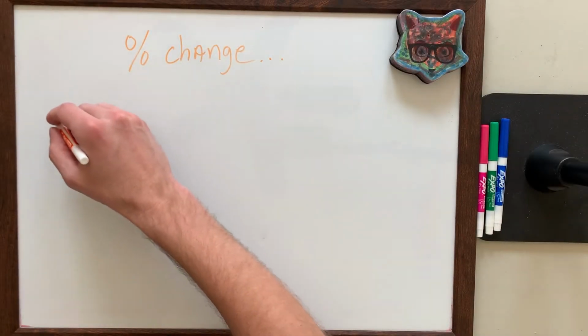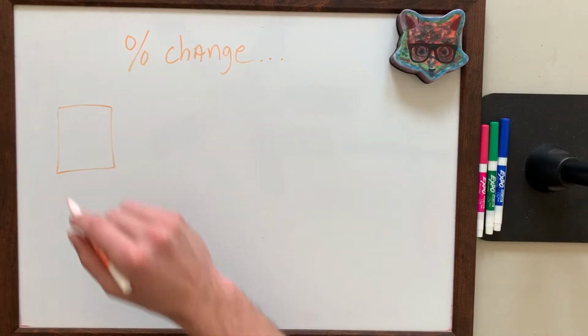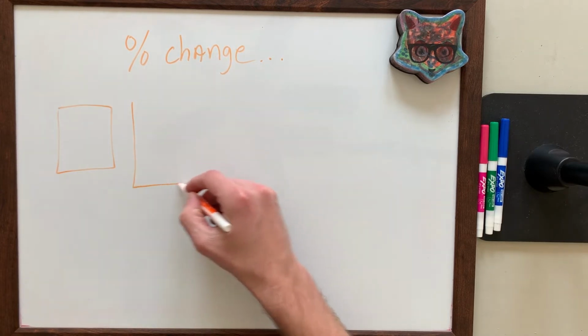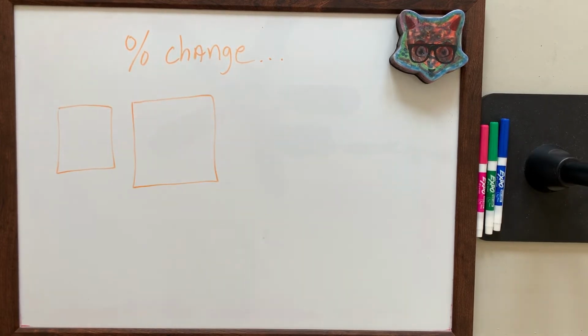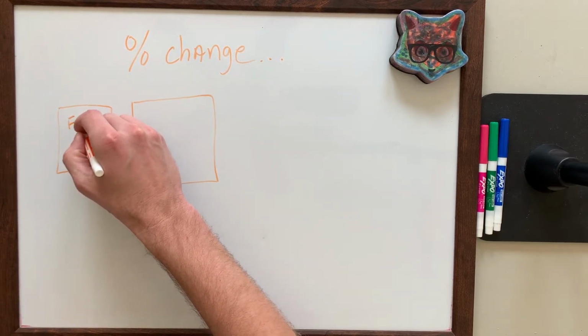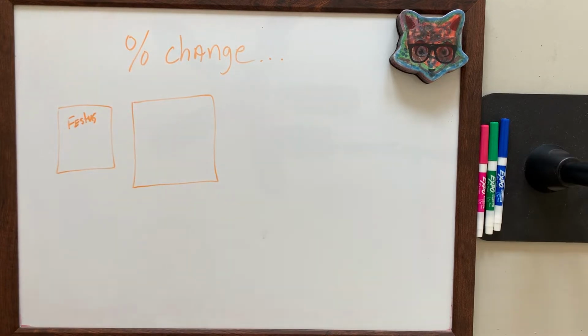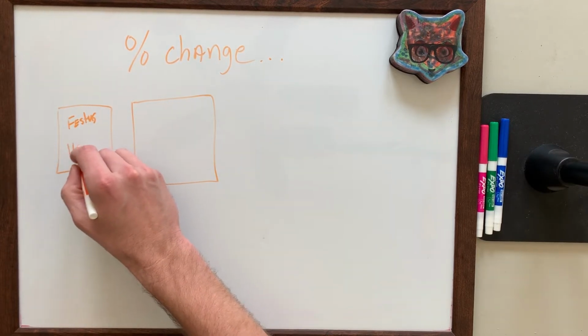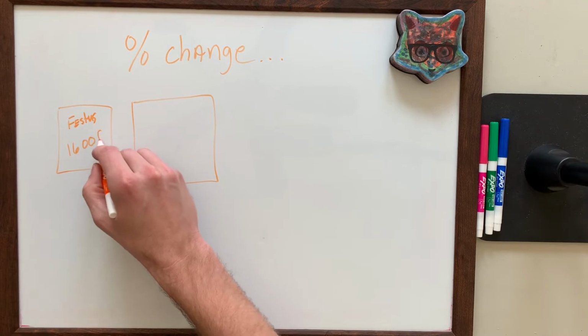Let's begin today's discussion, as we so often do, with a picture. Pictures can help us to understand what's really going on. We're going to have a story here, and the story is about a guy named Festus. And Festus lives in a 1,600 square foot house.